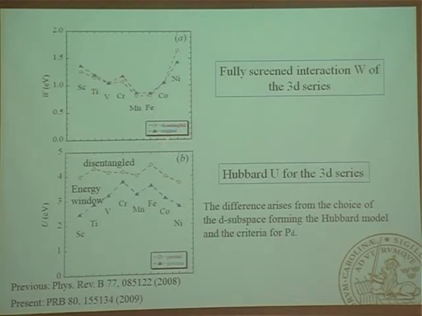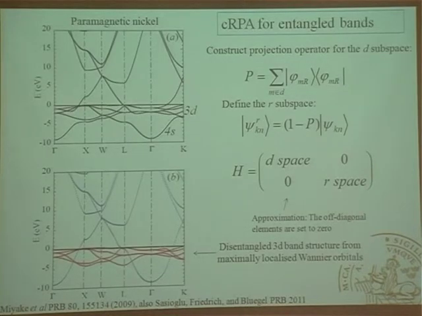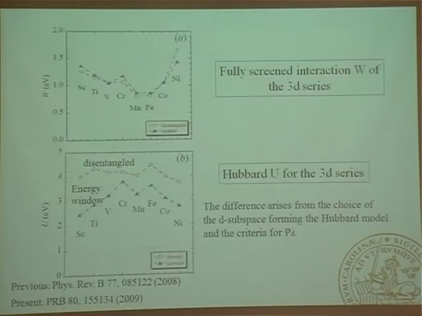This triangle is the original, and when we have the disentangled band structure. So we use these two band structures to calculate the fully screened interactions. Not the U, but the fully screened interactions, to test how good the disentangled band structure is. So you see that it's not so bad, and they're pretty close to each other. So the difference between these two indicates the accuracy of the agreement between the two band structures.